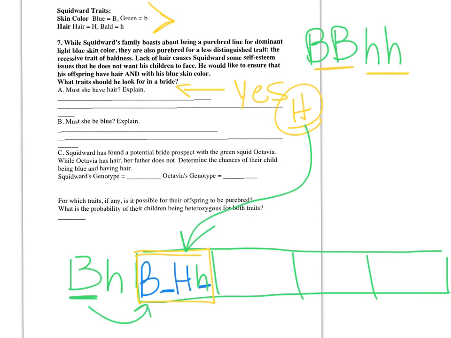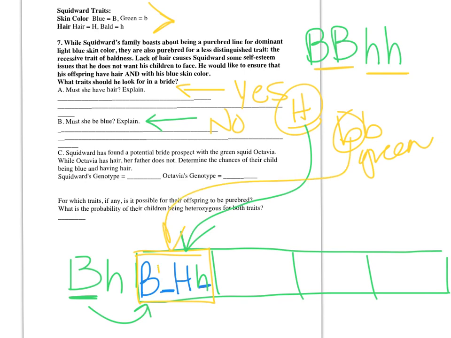So he's going to give off that big B. So the question is, must she be blue? And the answer is no, because she could be little b, right, and be green, because even if she gives off the little b, this guy is still going to be blue with hair.